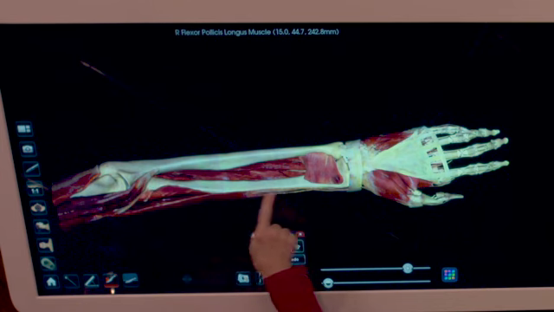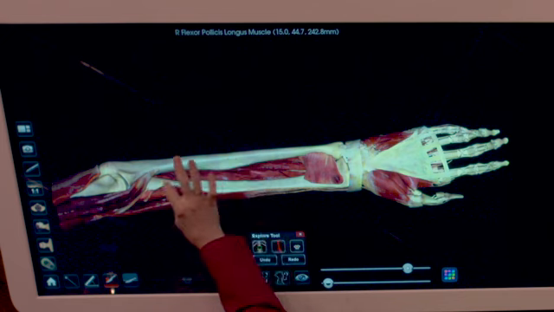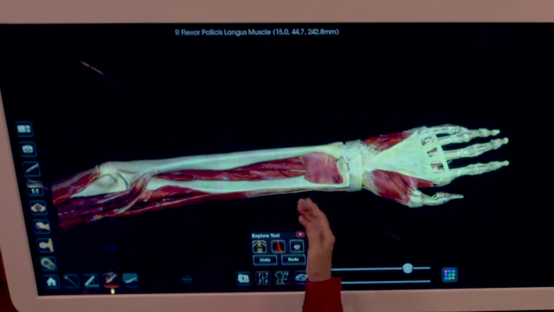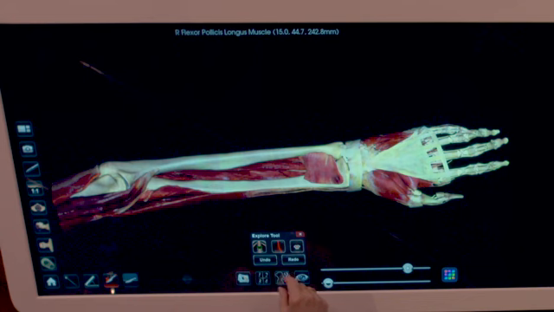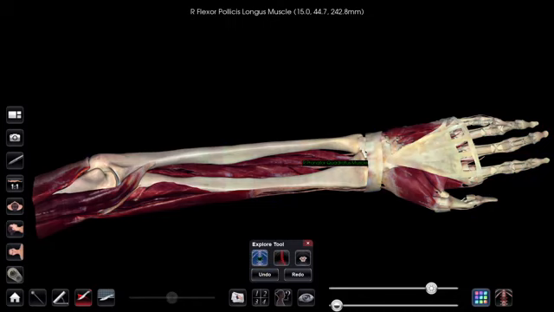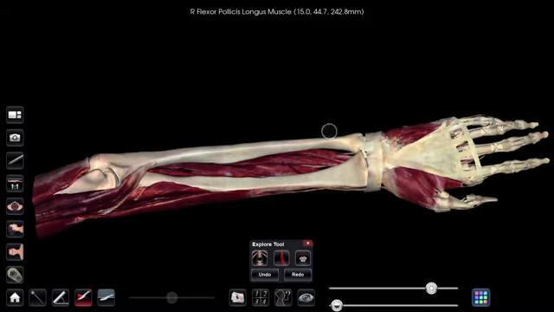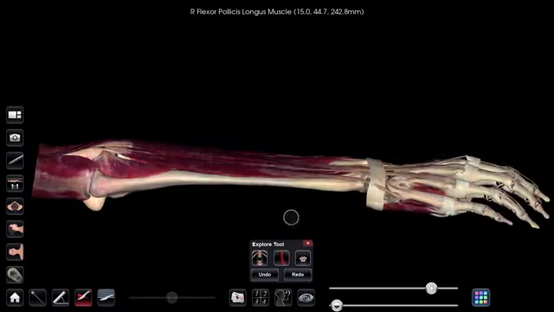The interosseous membrane would sit in this region and divide the anterior compartment of the forearm from the posterior compartment of the forearm. So let's take off pronator quadratus and turn to the posterior aspect of the forearm.